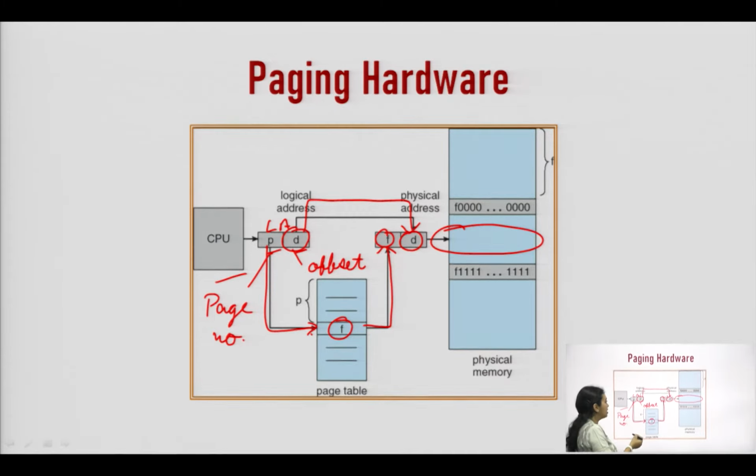Taking a quick glance over it, the CPU generates the logical address, which is divided into page number and page offset, P and D. The page number goes to the page table, from where the frame number is fetched, and the frame number combined with the offset gives us the exact memory location in the physical memory.